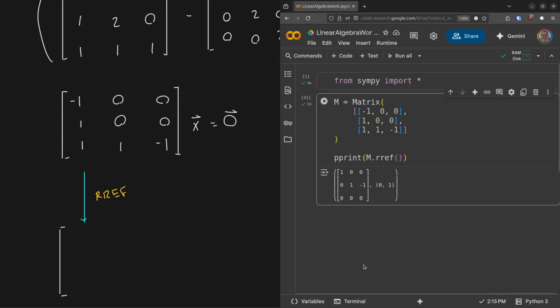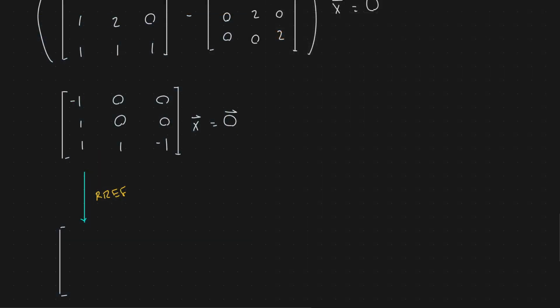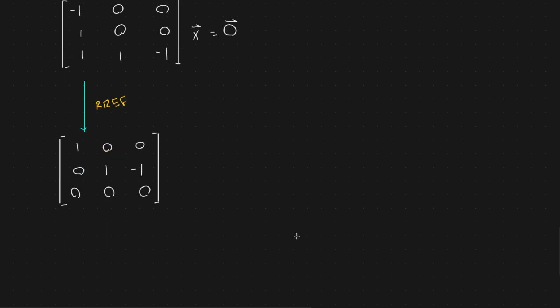And so there is my reduced row echelon form: 1, 0, 0, 0, 1, negative 1, 0, 0, 0. I can use that to solve the homogeneous system, and that will give me all the eigenvectors associated with the eigenvalue lambda equals 2.